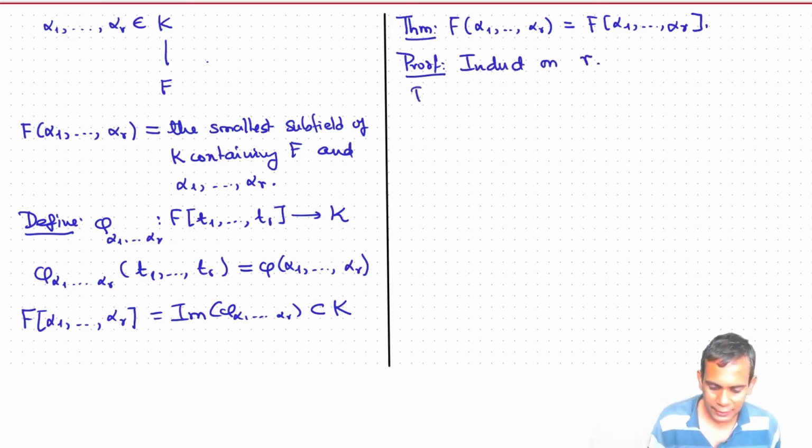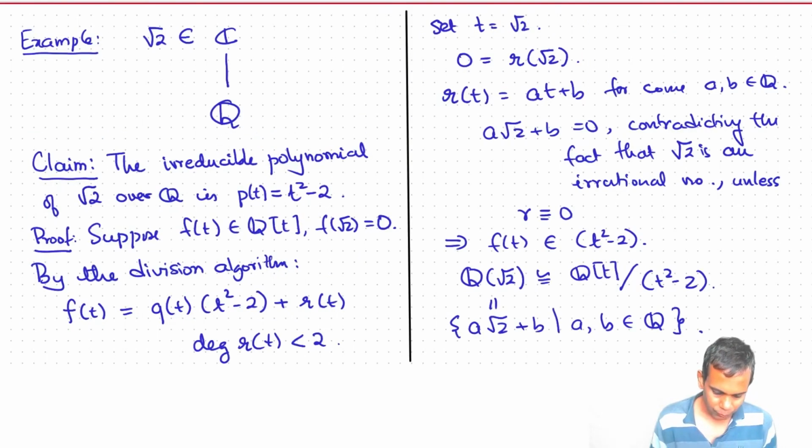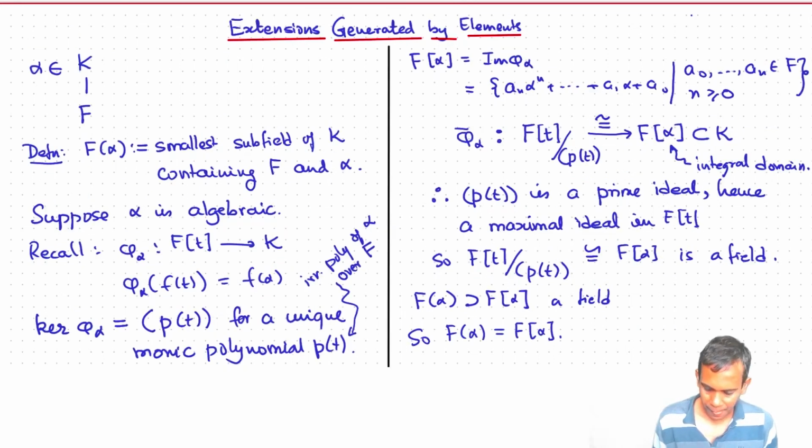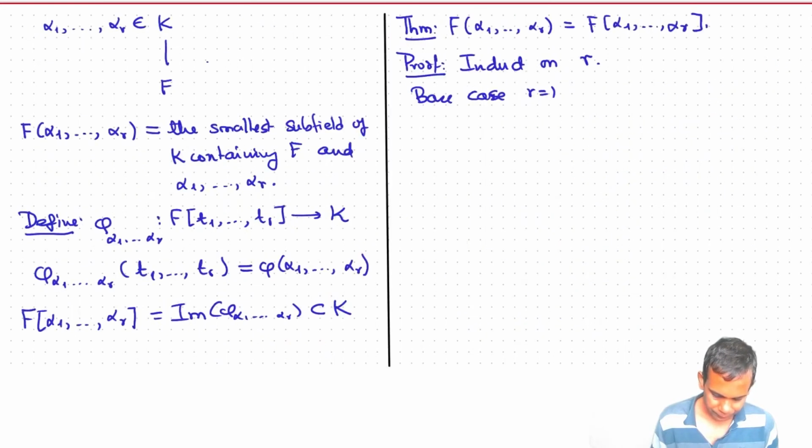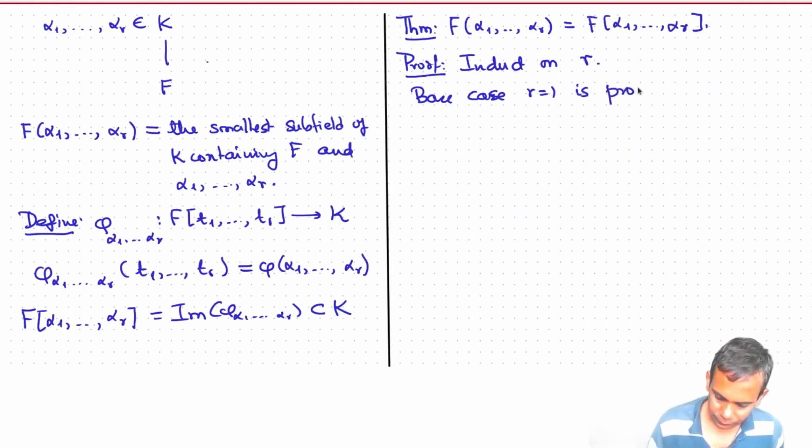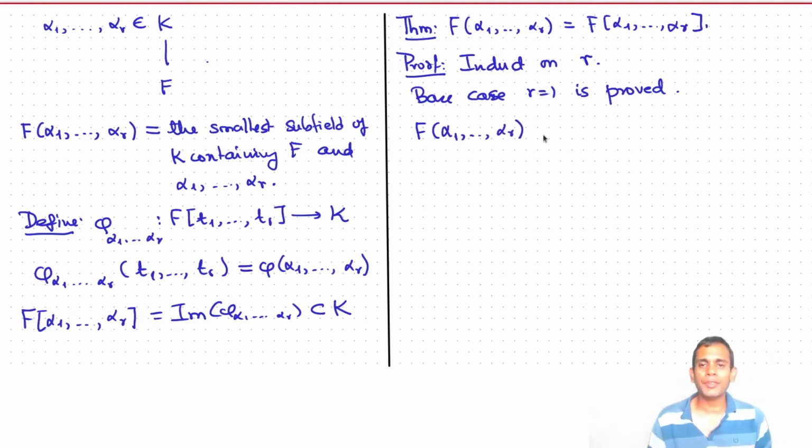So the base case r equals 1, we've already proved over here. Okay, and so now let's look at F(alpha 1, ..., alpha r). There's a very simple trick to this.